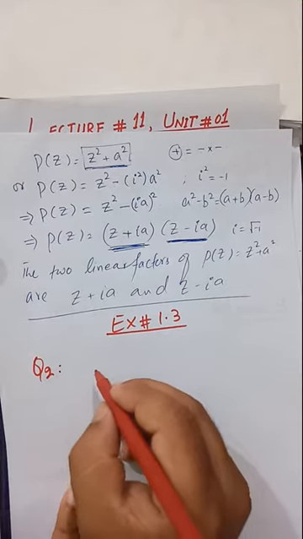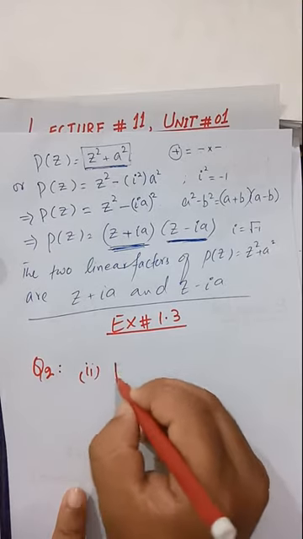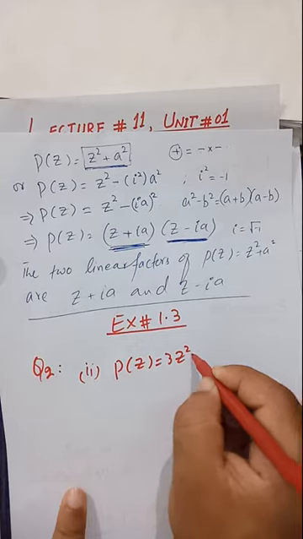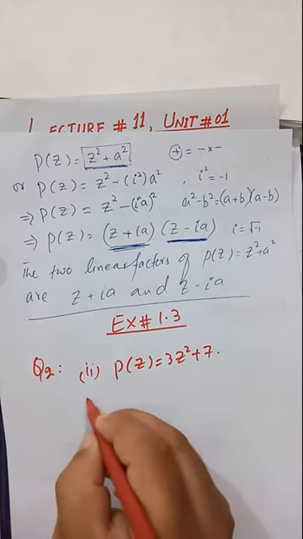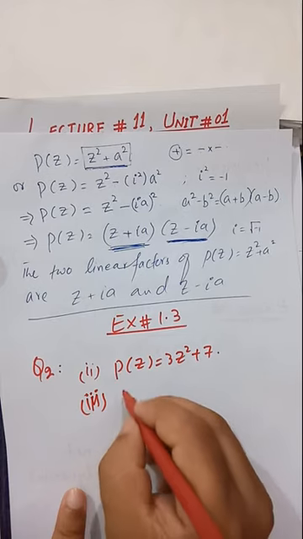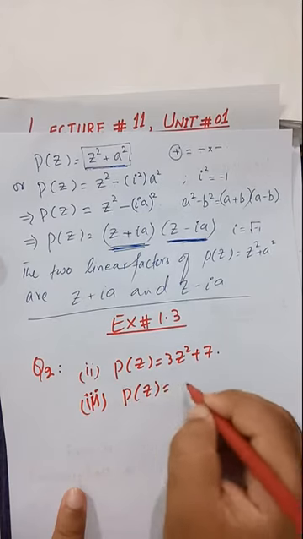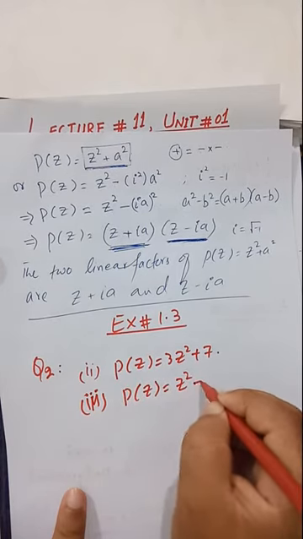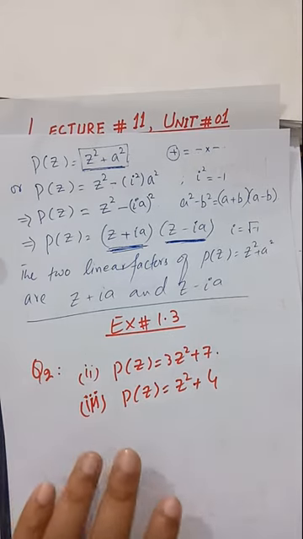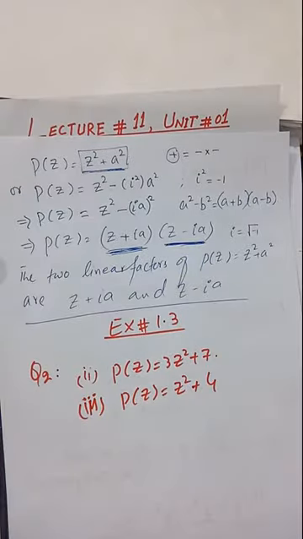I am considering part 2, which is of type A. Type A is z square plus a square. Part number 3 is p of z equal to z square plus 4. These are the two questions in the exercise of type A.